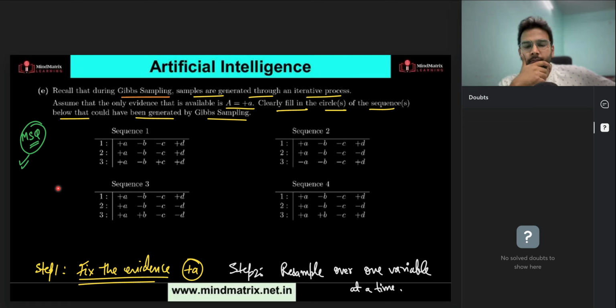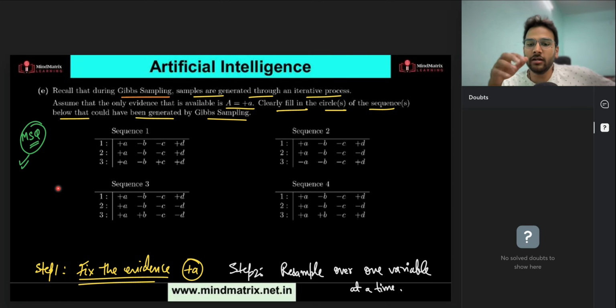Think about it. Can you tell me which sequence is definitely not possible?